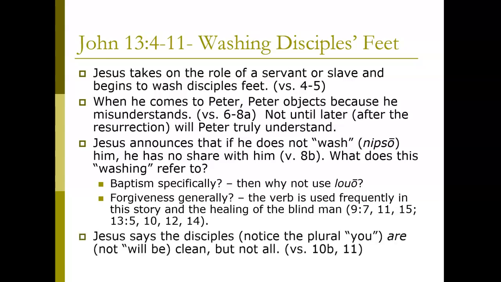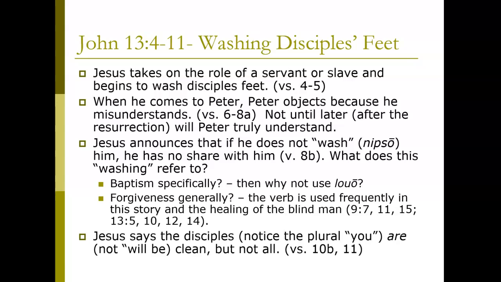So Jesus says to the disciples, and what you might not pick up in an English translation, but here we have a plural "you," "You are clean, but not all of them." So we have in 10b and in 11 this recognition that there's already somebody who's going to betray Jesus.